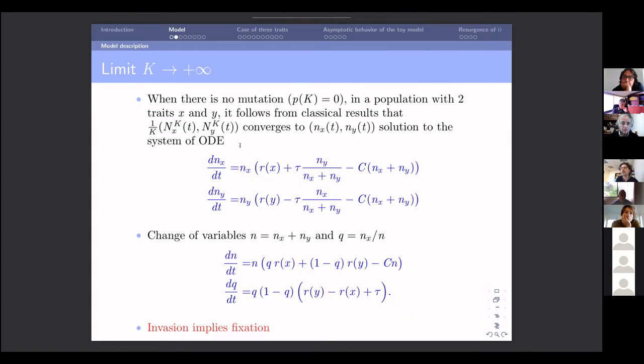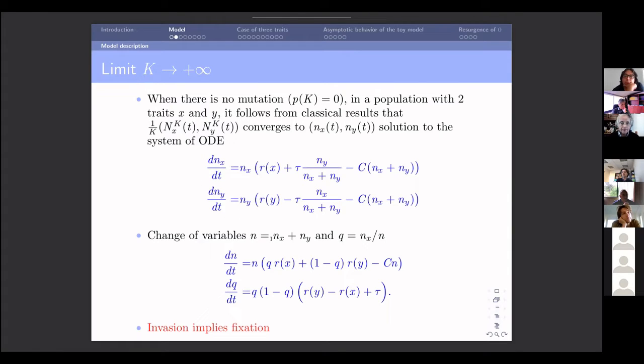This system gives you the large population dynamics when there are no mutations. And what is useful in this choice of frequency-dependent transfer rate is that you can make a change of variables in this system of ODEs.